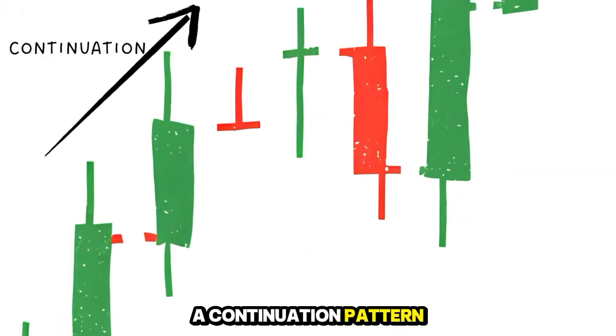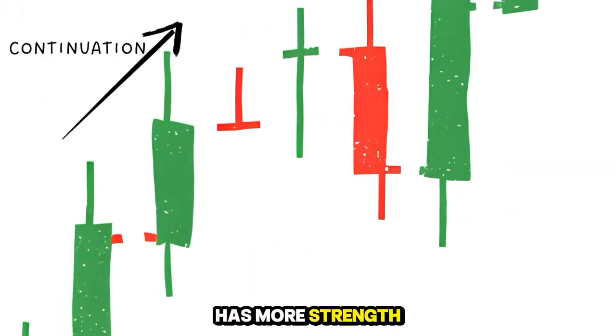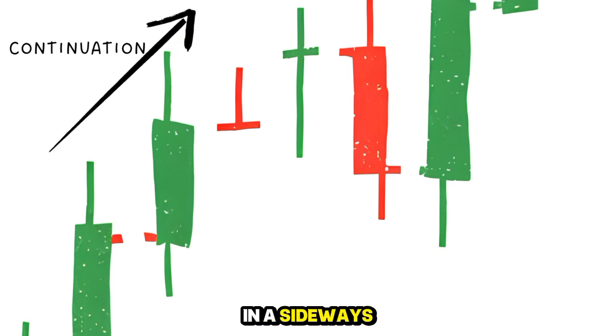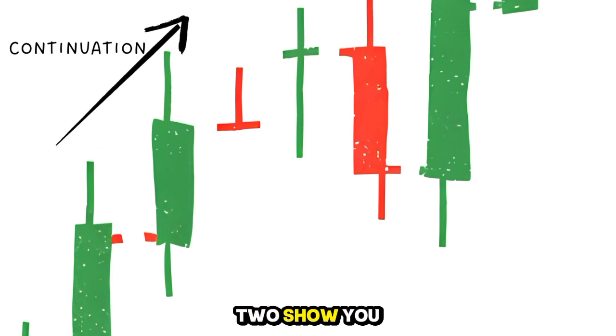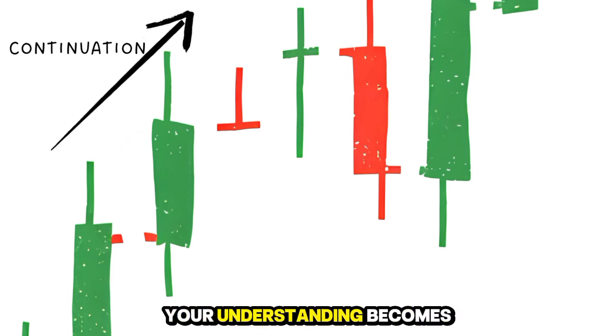A continuation pattern in a powerful trend has more strength than one appearing in a sideways market. Candles show you emotion, while these other tools show you structure. When both align, your understanding becomes much sharper.